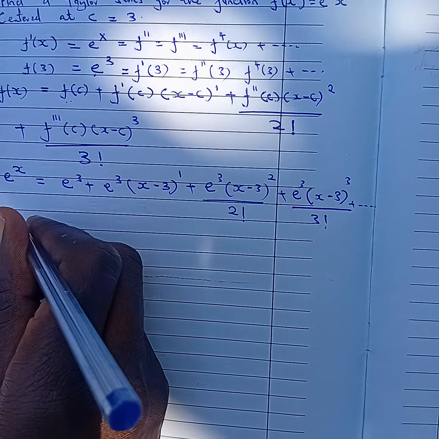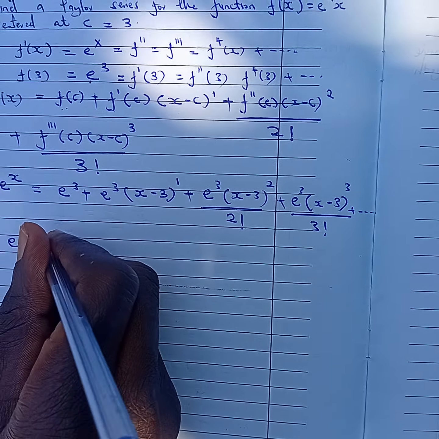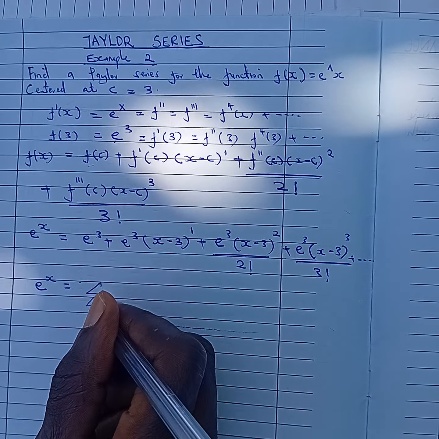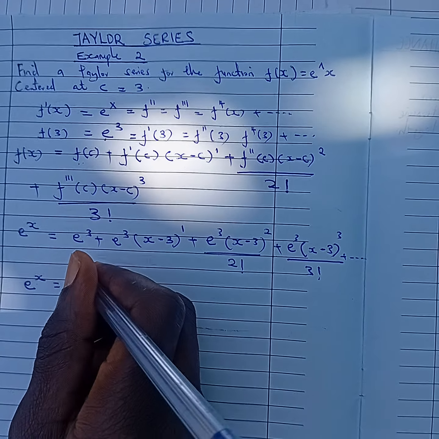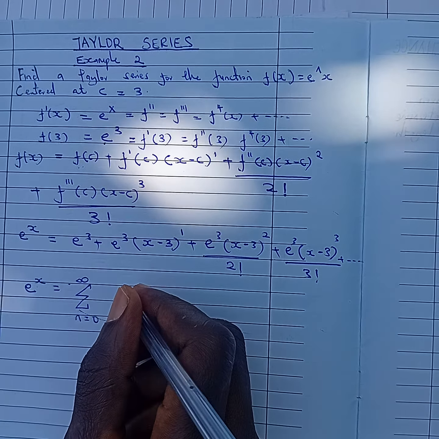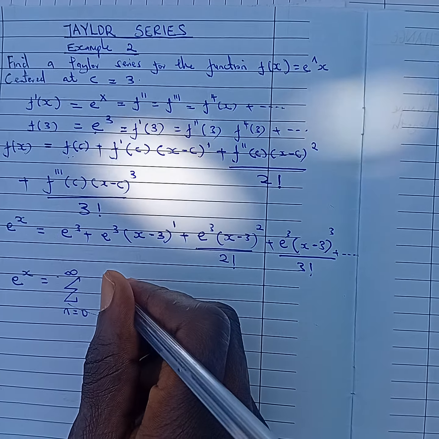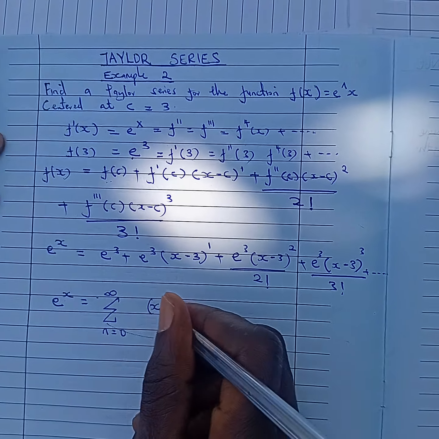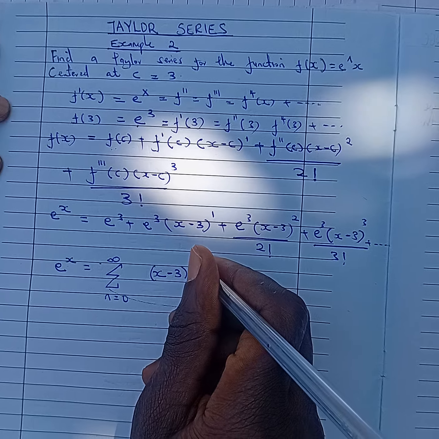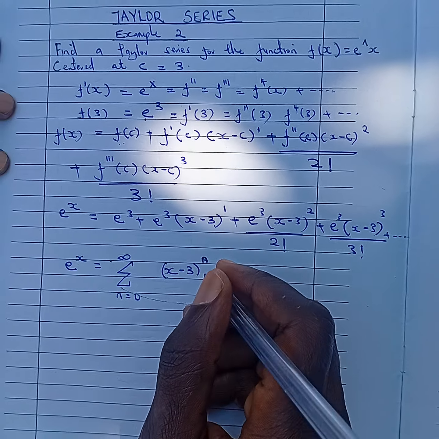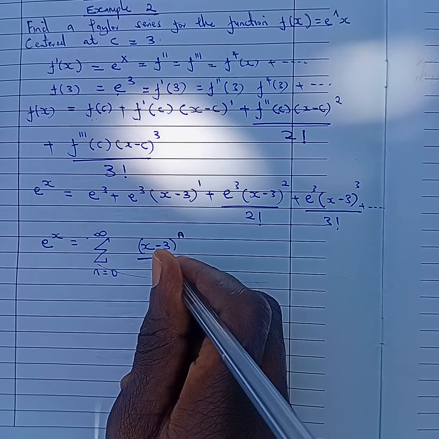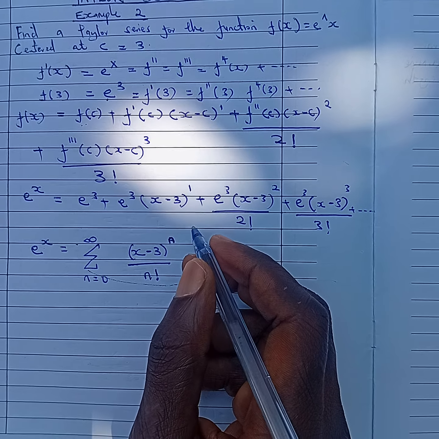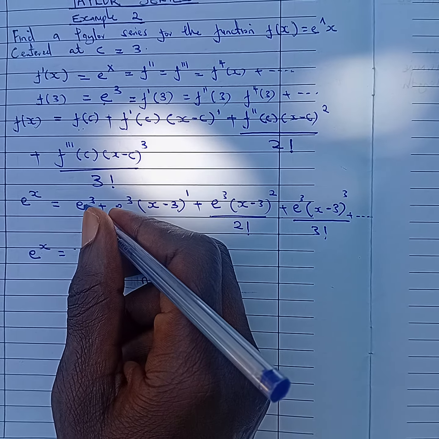We'll have e raised to x equal to the sum from n equal to 0 to infinity of x minus 3 raised to the power n over n factorial, multiplied by e raised to the power 3.